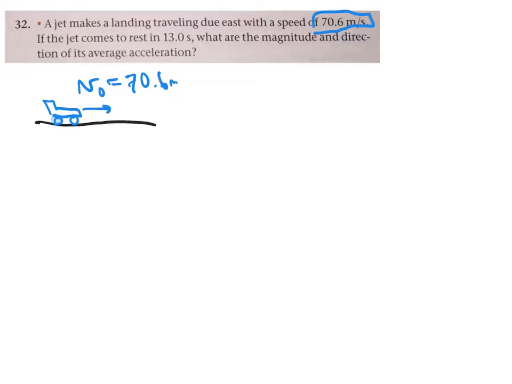And then it comes to rest somewhere else. And we know that if this had been time 0, then this is time 13.0 seconds. And what they're looking for is the acceleration.